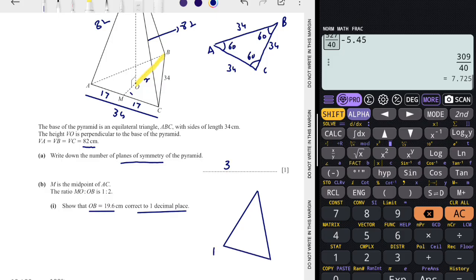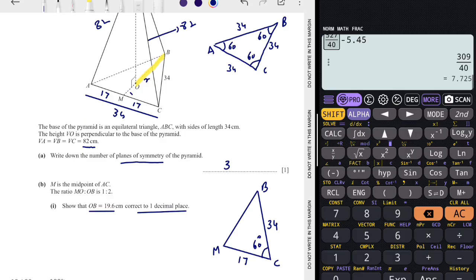So this is M, B and C, and we have to find out MB. So the angle MCB would be 60 degrees and MC side would be 17, and BC is 34. So we have to use the cosine law for this purpose.